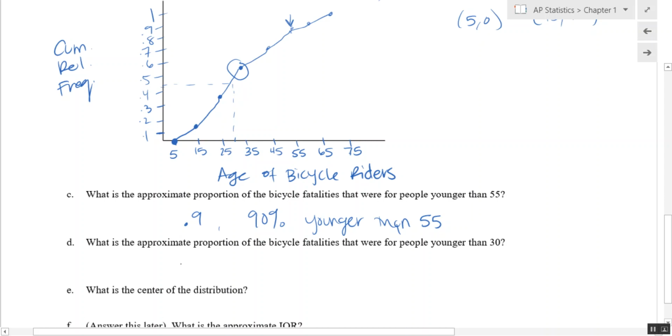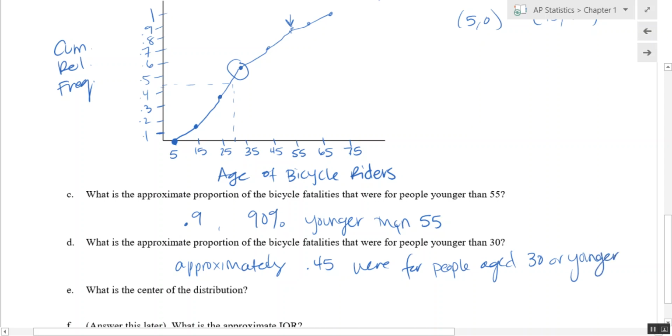So I would say probably approximately 0.45 were for people aged 30 or younger.